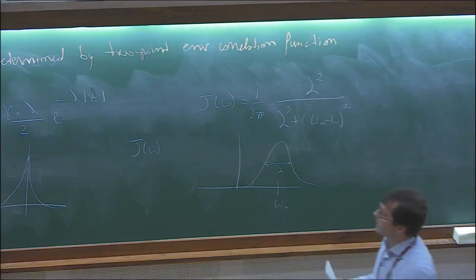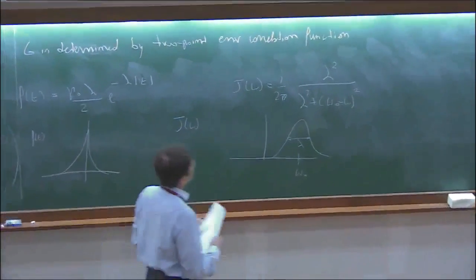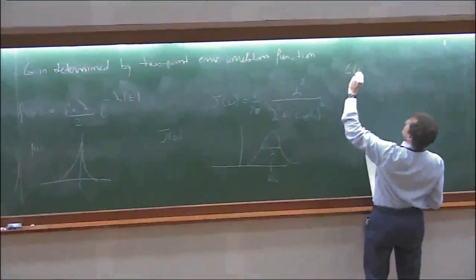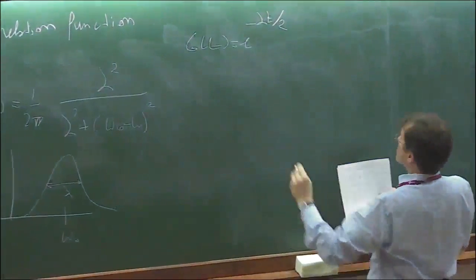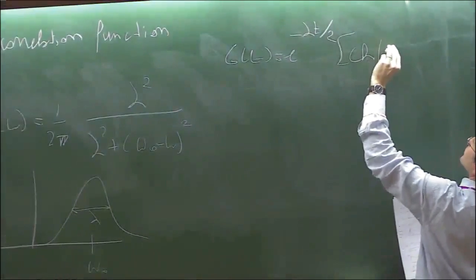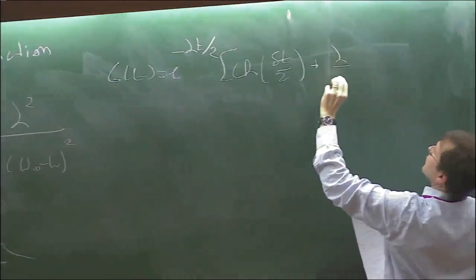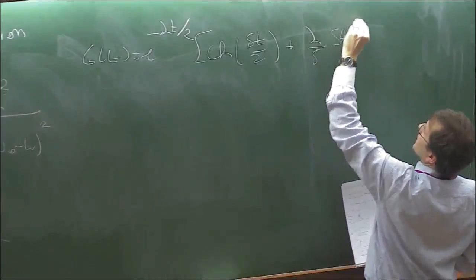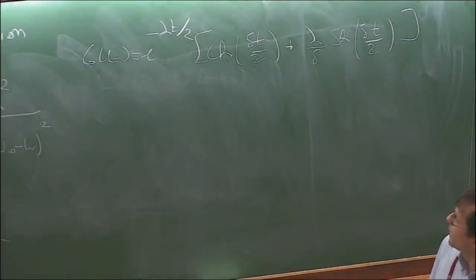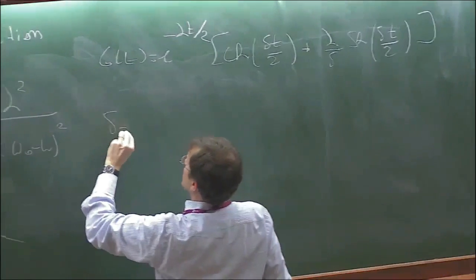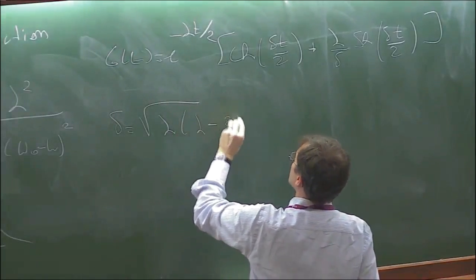Given this choice, we can work out the exact expression of G. And G turns out to take this value. It's e to the minus lambda t over 2, times hyperbolic cosine of delta t over 2 plus lambda over delta hyperbolic sine of delta t over 2, where delta is the square root of lambda times (lambda minus 2 gamma 0).